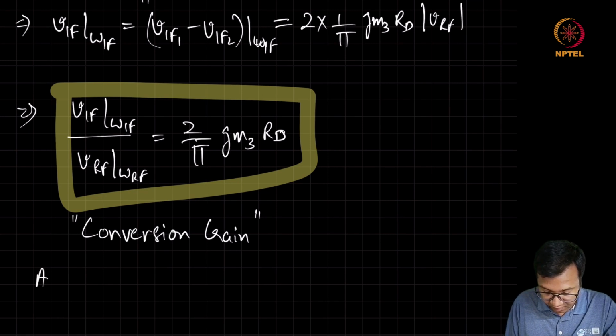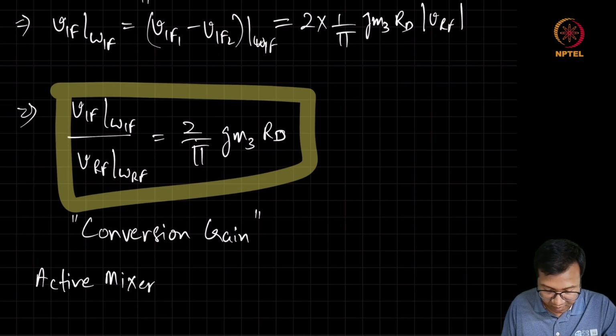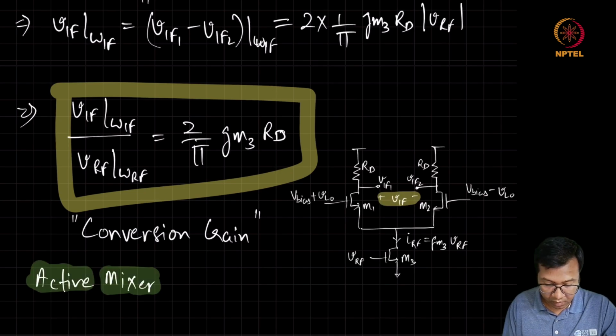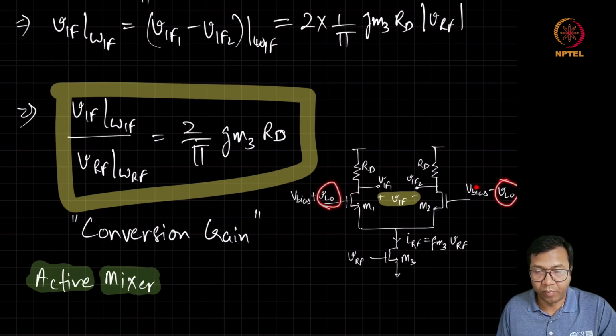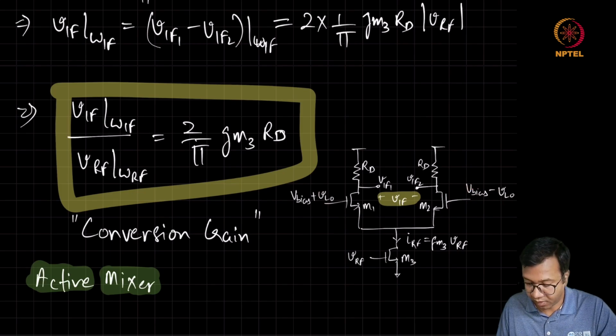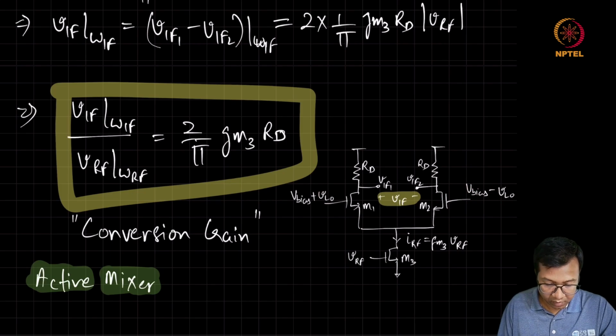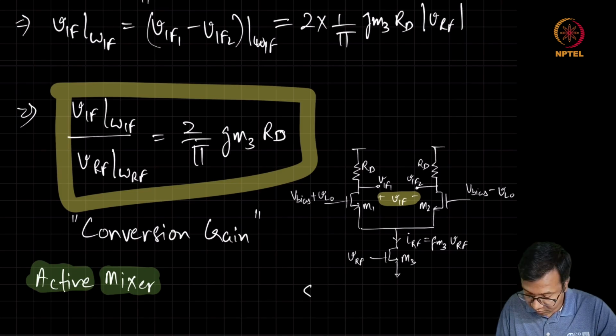So this is also called a single balanced active mixer. The circuit which we have discussed is called an active mixer, and this is the case where we have only the differential LO being applied. So with respect to the LO, it is having a balanced port. For that reason, it is also called single balanced.